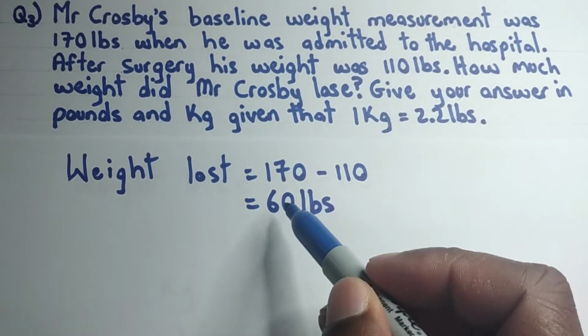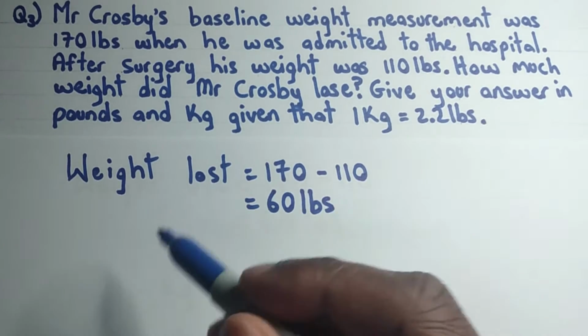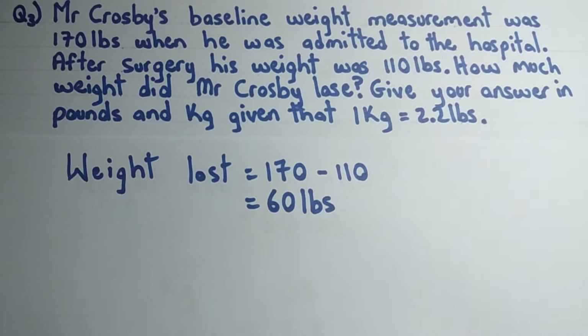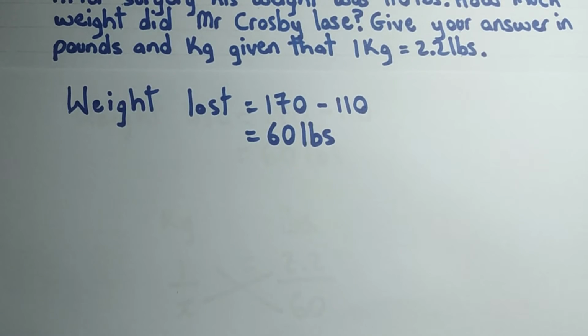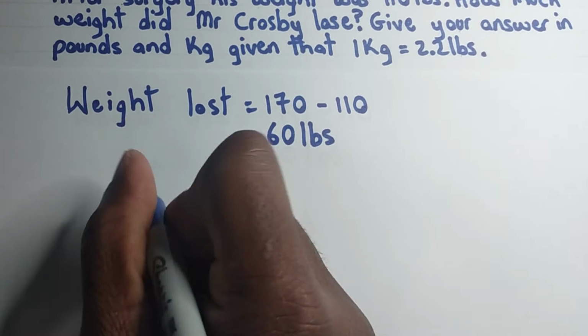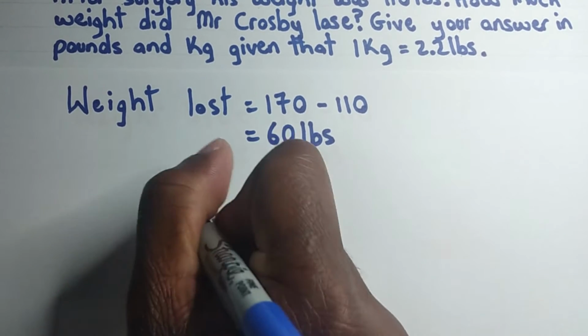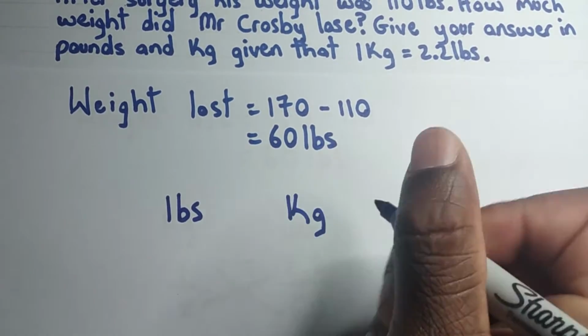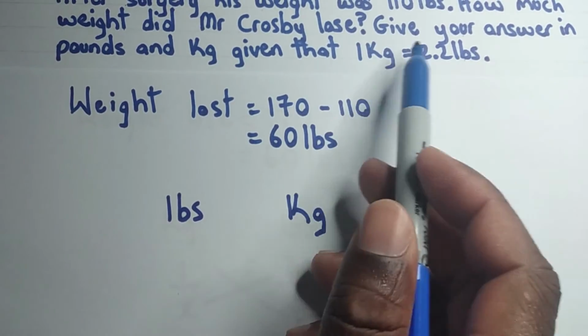So we already obtained our answer in pounds. What we want to do now is to convert this 60 pounds to kilograms. And we can use proportion to do this quite easily, all right? So we're going to compare pounds with kilograms. And remember this key information here.